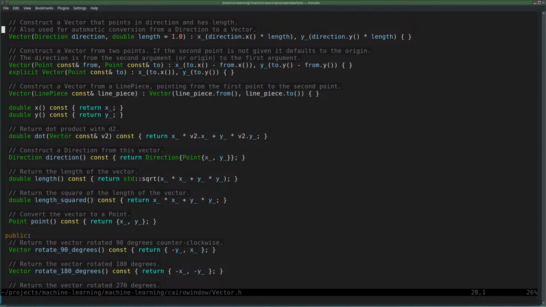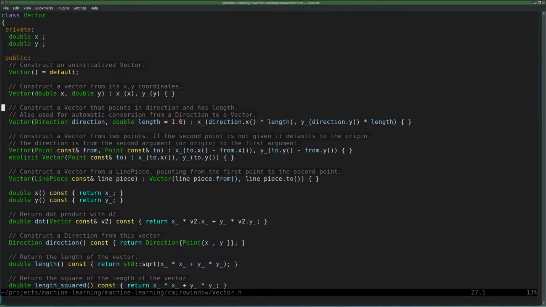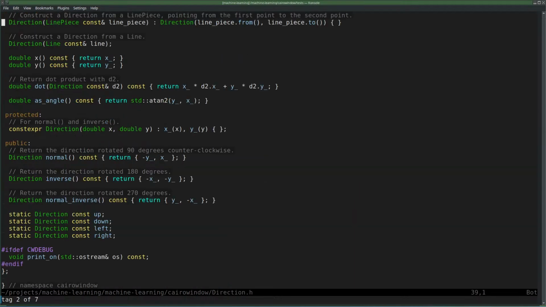Well, this has a multiplication in it. Can I not go from direction to vector directly? Surely I can.